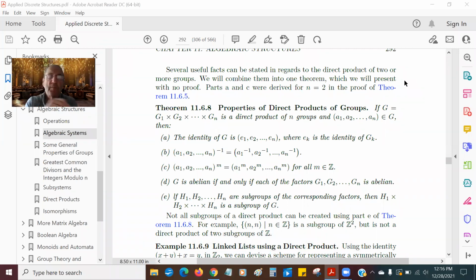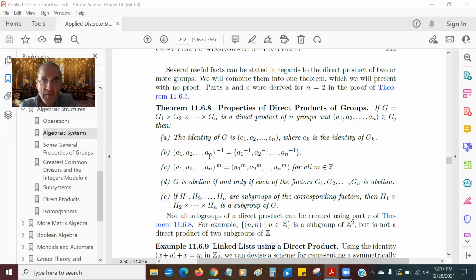I'm not actually going to do much with direct products in this course, but I wanted to show you one nice theorem, Theorem 11.6.8, in the same chapter or section that we've been doing. If G is the set of ordered pairs of G1, G2, through Gn, and (A1, A2, ..., An) is a typical element of G, then the identity element of big G is the component with all the individual identity elements.